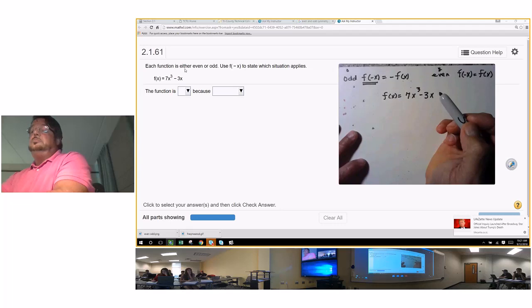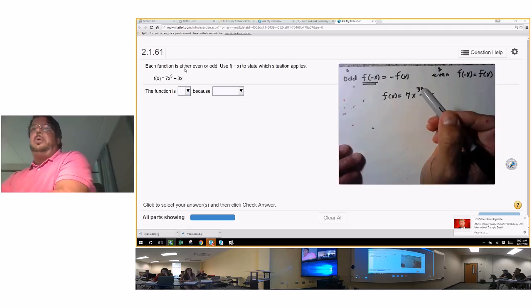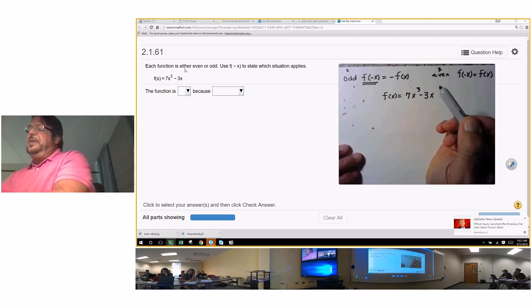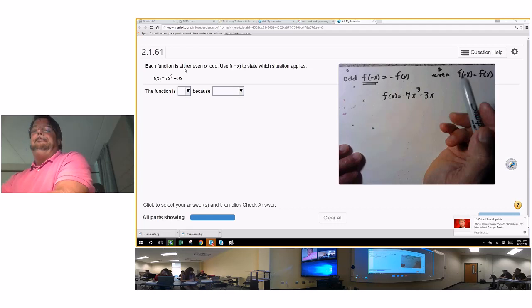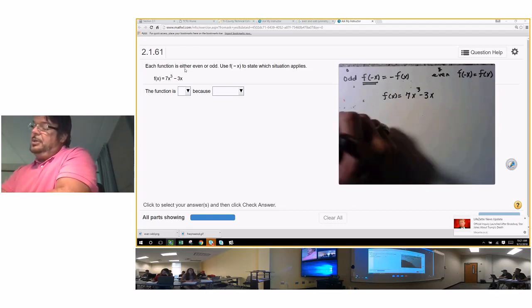x equals 2. That means that wherever there's an x, you plug in a 2, right? So what does f of negative x mean? Wherever there's an x, you plug in a negative x. Okay, so let's do that. I'm going to check to see if it's odd down here. This is our odd test.